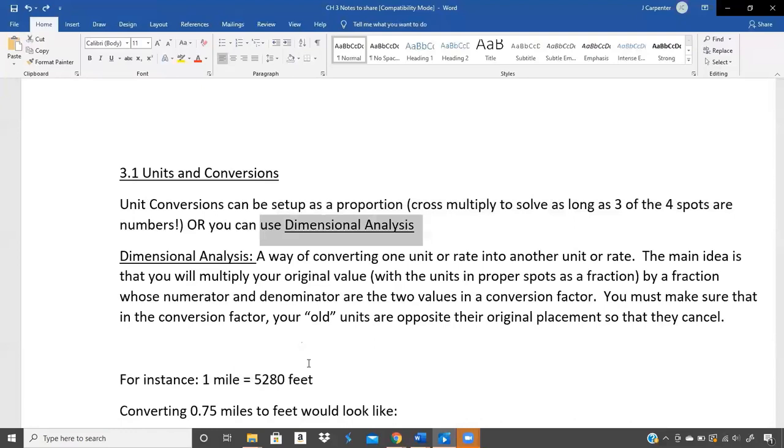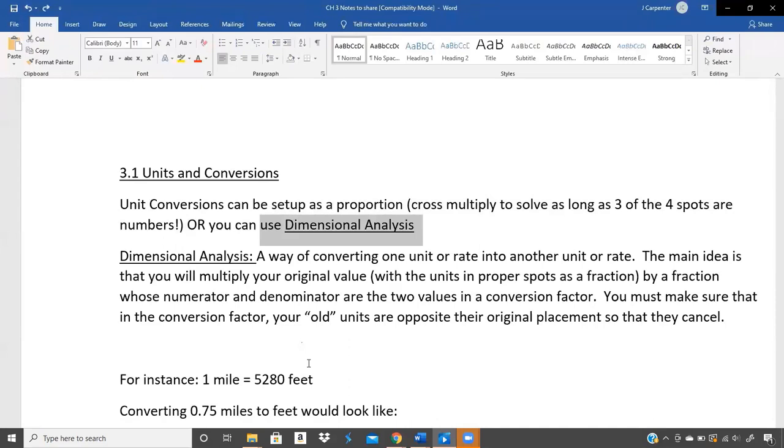In the table that we would provide for you in your homework or in your textbook, you would probably have feet to miles somewhere, and then you'd have miles to kilometers somewhere. So that would require 2 conversions, which is a little bit more of a pain because you would have to set up 2 proportions. You'd have to do a proportion going from feet to miles, and then another proportion once you had that answer going from miles to kilometers. So that gets annoying.